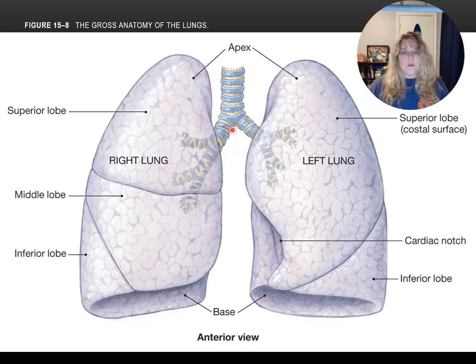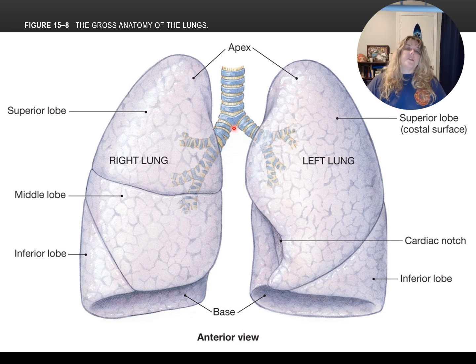The point at which it bifurcates, so this area right here, does anyone know what that term is supposed to be? If you said the carina, you would be correct. So the carina is the point at which the right and left main stem bronchus bifurcate or split.